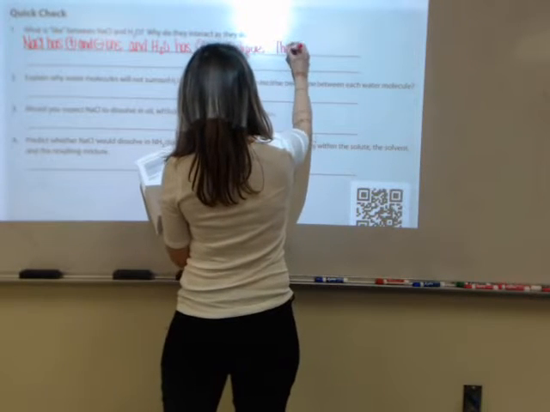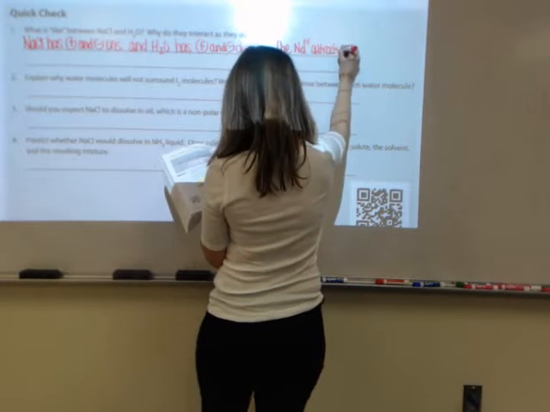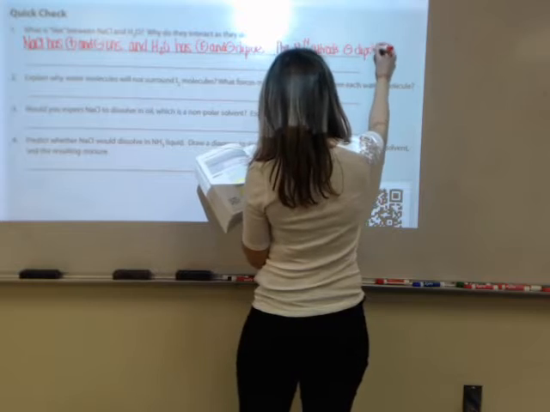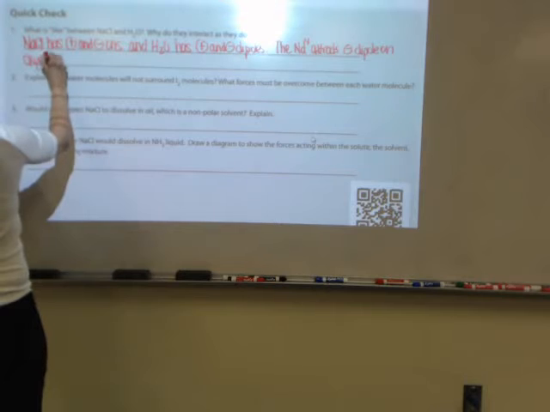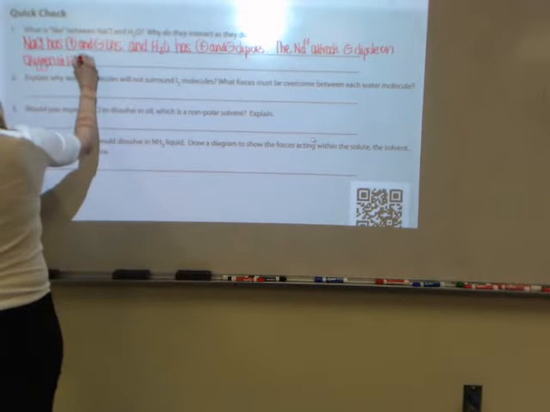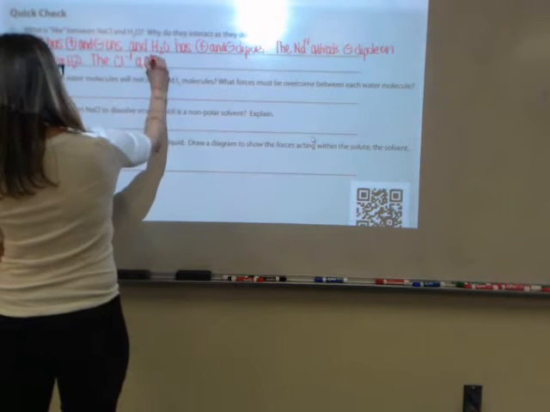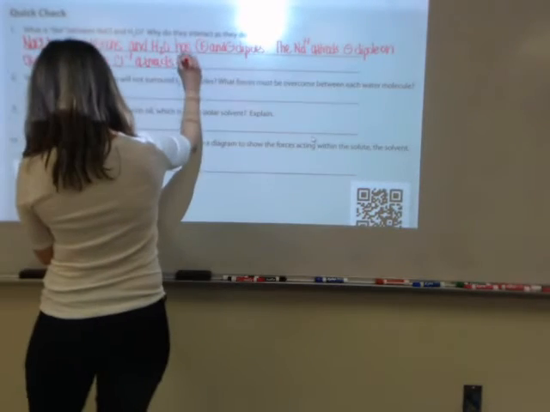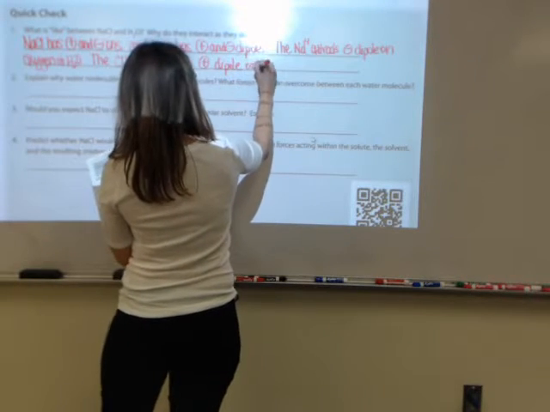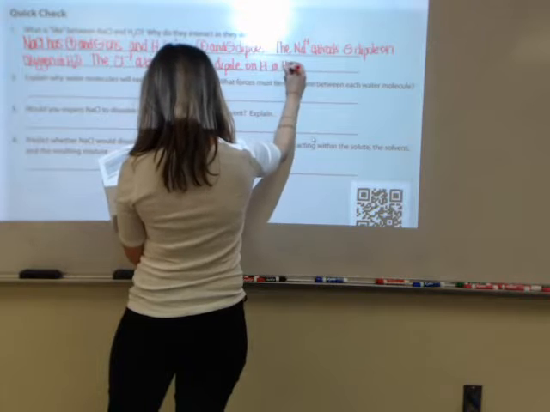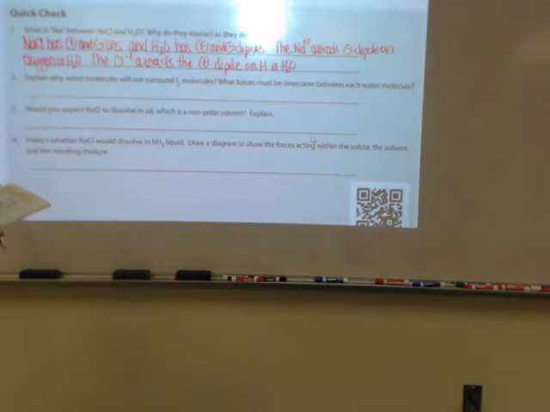So the sodium ion attracts the negative dipole on the oxygen atom in water, and the chloride ion attracts the positive dipole on hydrogen in water.